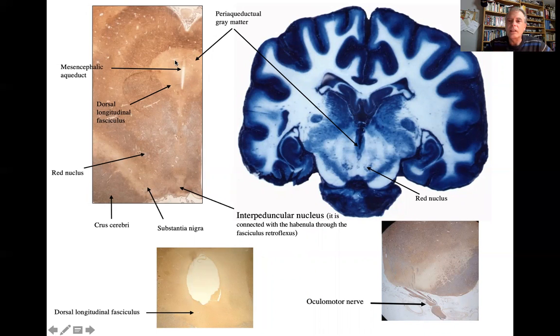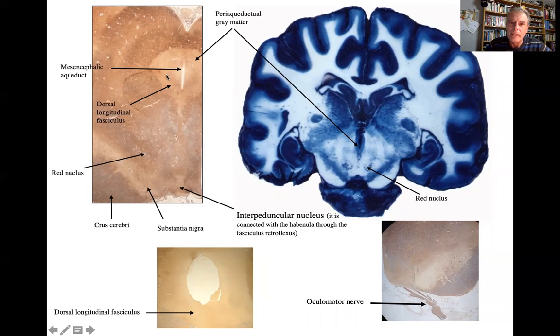Okay, we are still in the mesencephalon. Around the mesencephalic aqueduct, we have the periaqueductal gray matter. In further lessons, we'll see the importance of the periaqueductal gray matter.